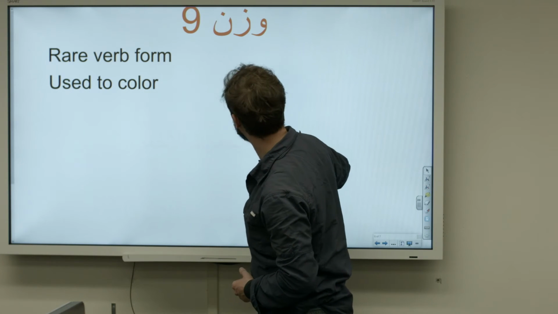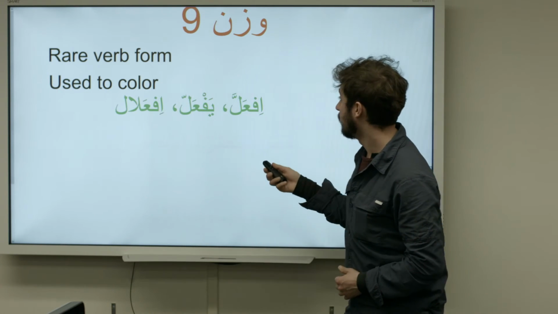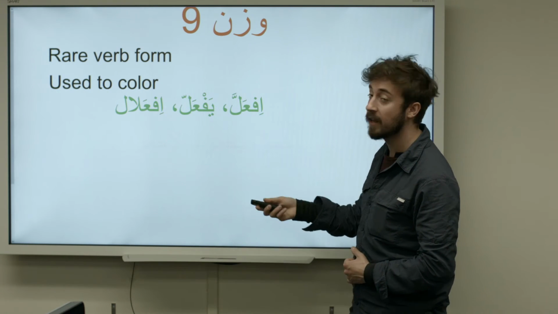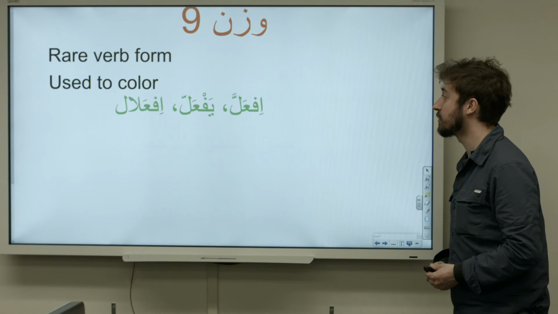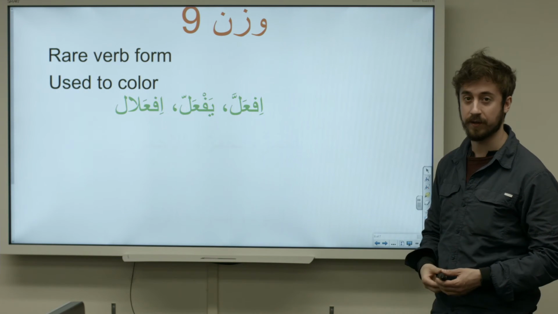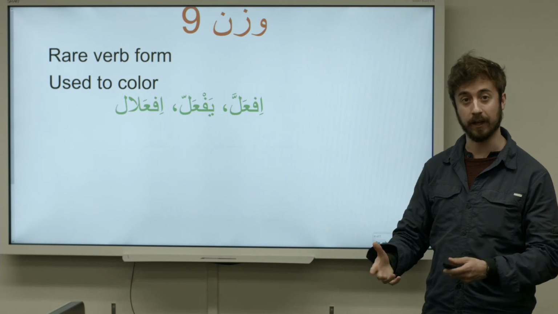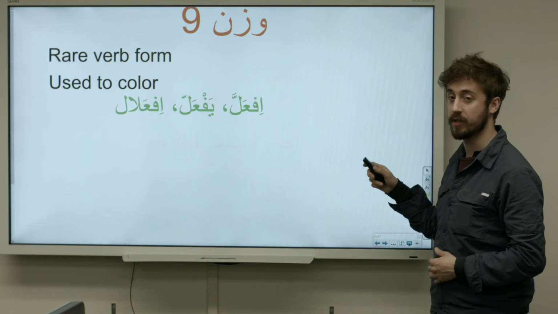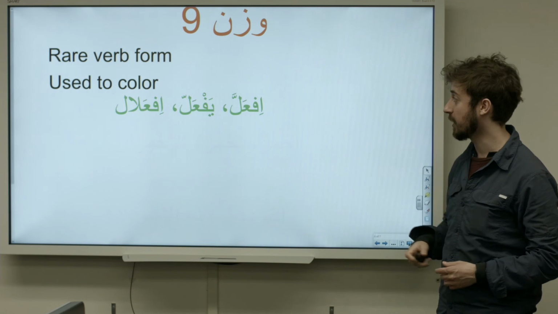Exclusively for color. And it is if'alla, yaf'alli, and if'ilal, right? This is similar to, like in English, if we wanted to say something was blackening or reddening. But in Arabic, they have a particular verb pattern just for this kind of thing.